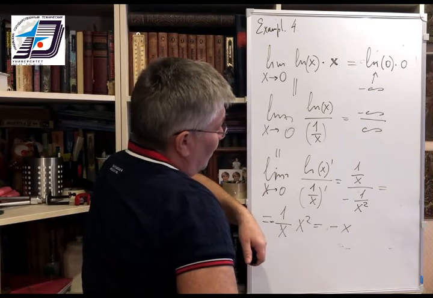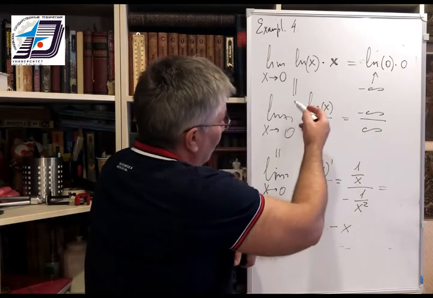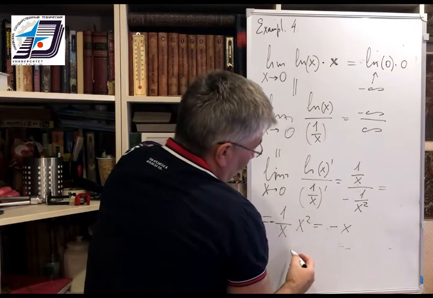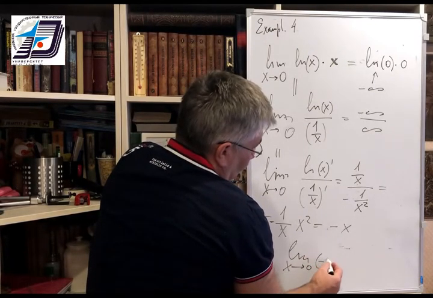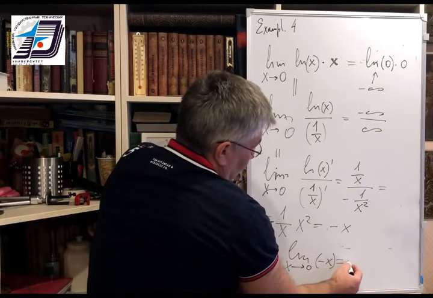Then you put x equals 0, and we have that the limit as x tends to 0 of minus x is 0.